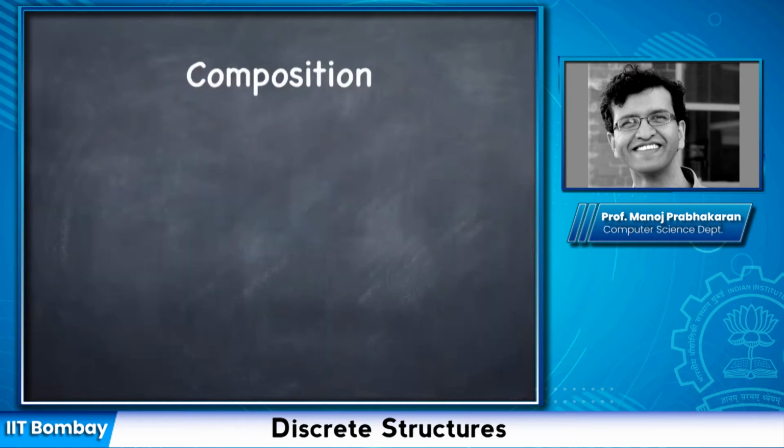So one last thing I wanted to include in this lecture is an operation you can do on functions. Given two functions f and g, you can define the composition written as g of f, which you would read as g of f.